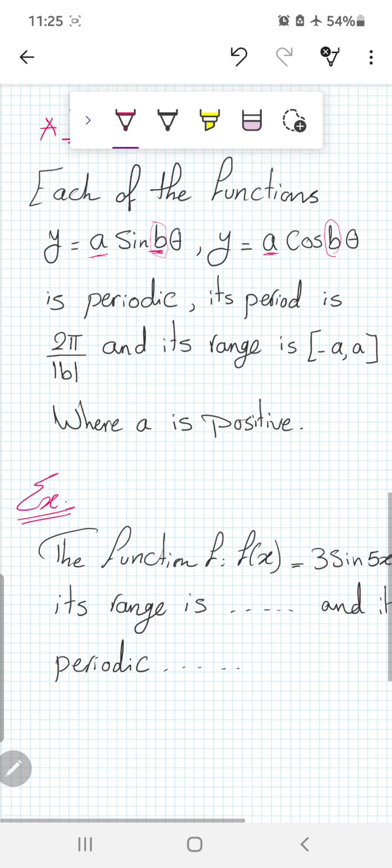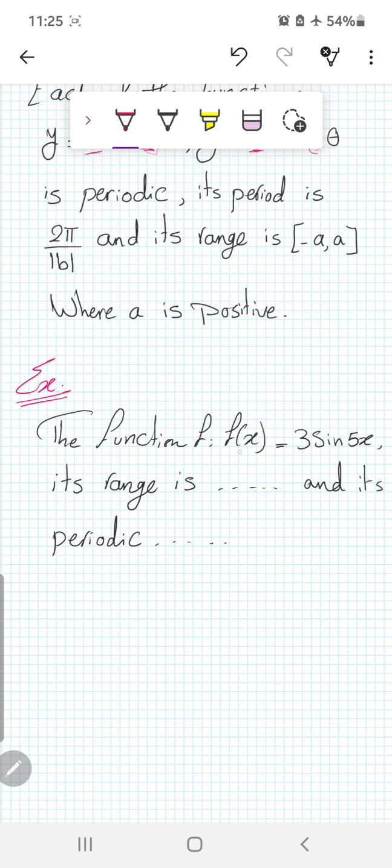For example, we have the function f of x equals 3 sine 5x. So its range, the coefficient of sine, is from negative 3 to 3 closed, and its period, as we said, is 2 pi over the absolute value of b, which is 2 pi over 5, the coefficient of the angle. Okay.